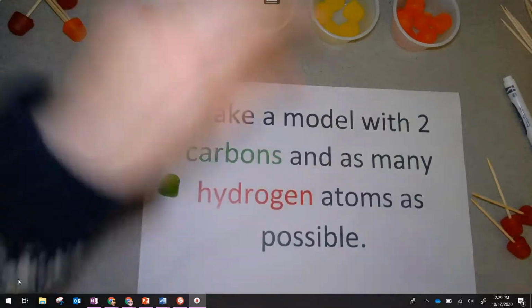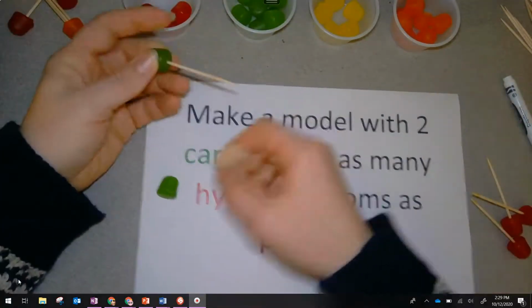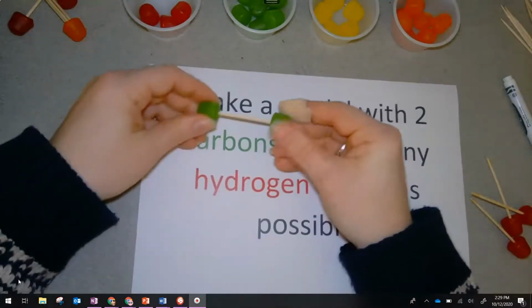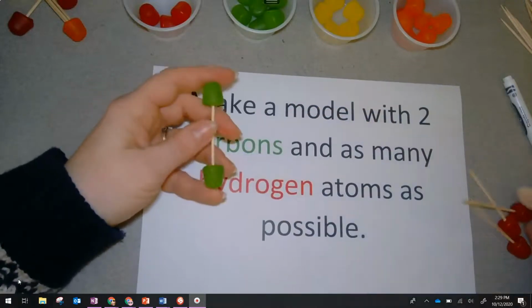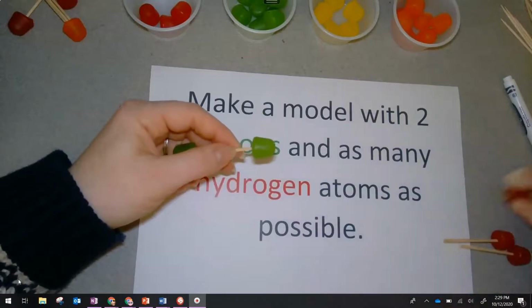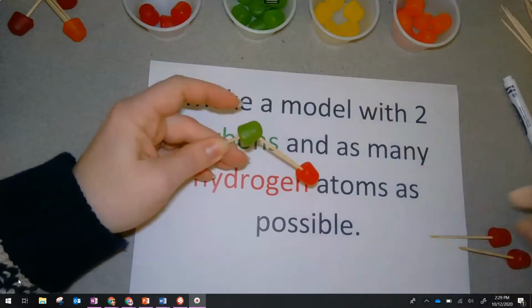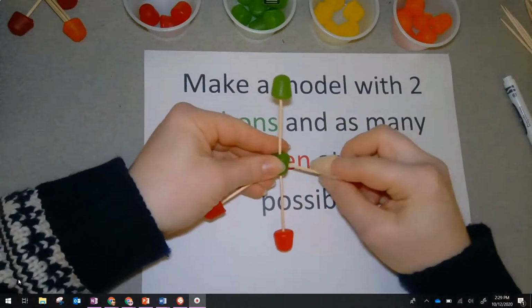Now, in order to make this happen, the first thing you had to do was connect the carbons to each other. Because hydrogens can't have more than 1 bond, which means the carbons have to connect first. And then what you're going to do is add more hydrogens. So this carbon has 1 bond. You're going to add more hydrogens until this carbon gets to its 4 bonds. So now it has 2, 3, 4 bonds.